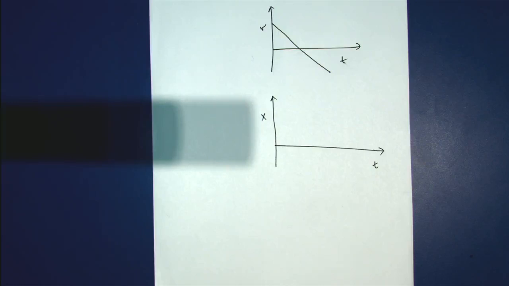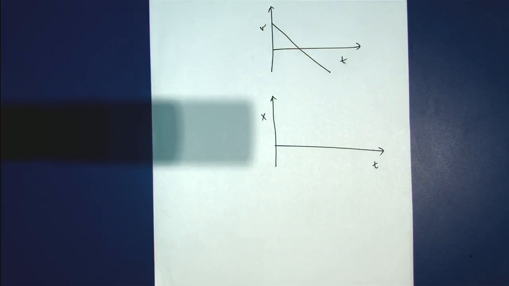What is the displacement versus time graph for that curve? What's happening to the displacement? A parabola, which should look parabolic, right?